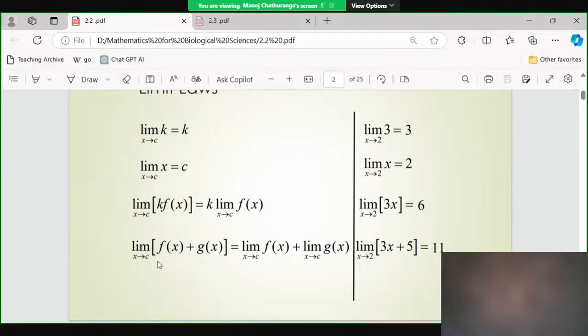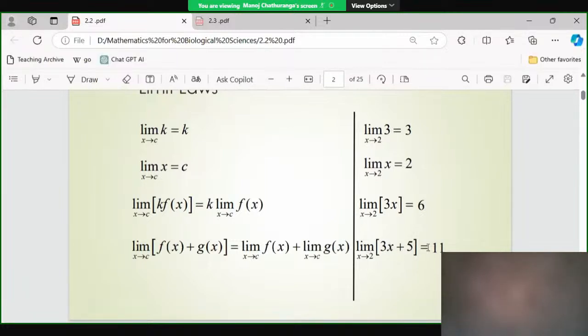The last property is, say you want to compute the limit of a summation. You can compute the limits of these individual parts separately. So for example, the limit of 3x plus 5 as x goes to 2: the limit of 3x is 6 and the limit of 5 is 5 because 5 is a constant.